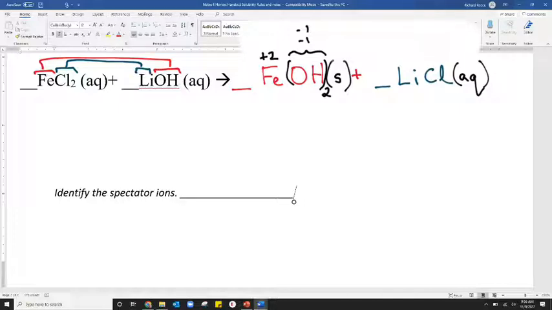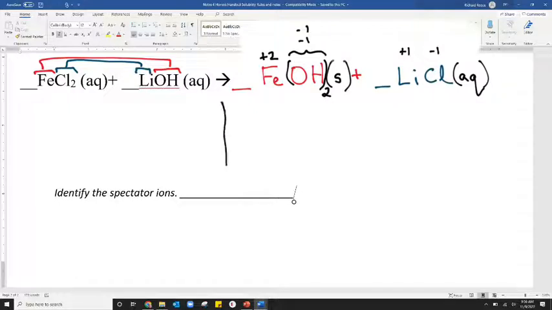Then I go to my next compound in blue. The charge of lithium, what's the charge of lithium as an ion? +1, it's in group 1. Chloride's still -1. Does that add up to 0? Yeah. So I focused on individual compounds first. Then I need to balance the whole thing.